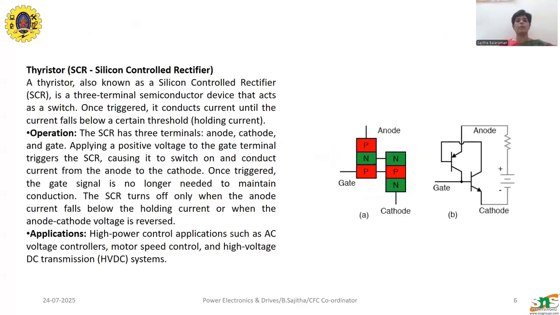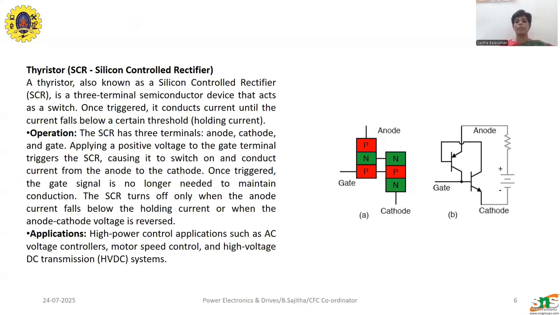Now coming to the device thyristor. Thyristors are SCRs, or silicon controlled rectifiers. A thyristor is generally a three-terminal semiconductor device that acts as a switch. In the diagram, you can see that it is like BJTs connected back to back.